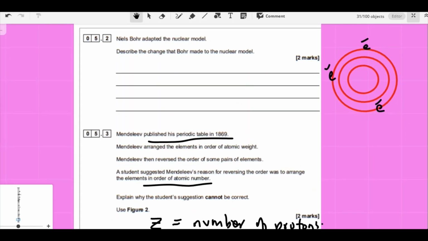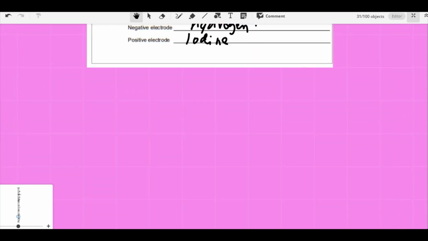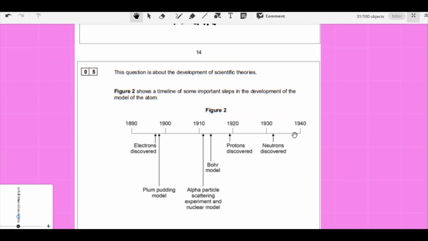While if you see, up to 1869, that is before the 1890s, and the proton was discovered closer to 1920, or you can say 1918. But Mendeleev's periodic table was about 1869.